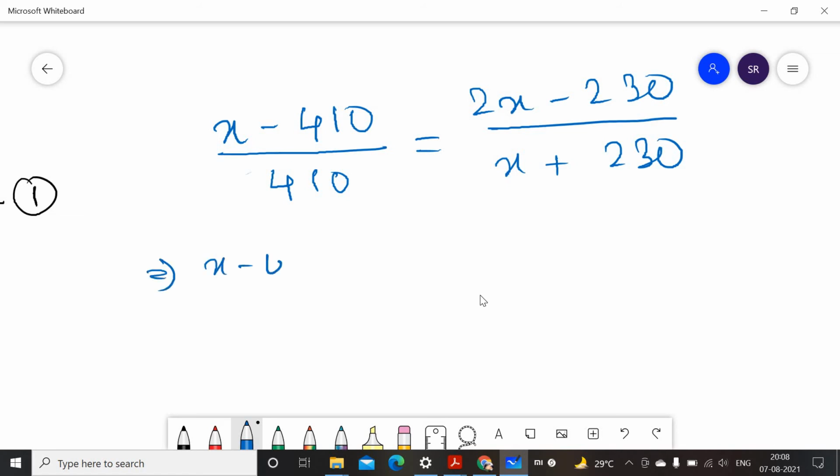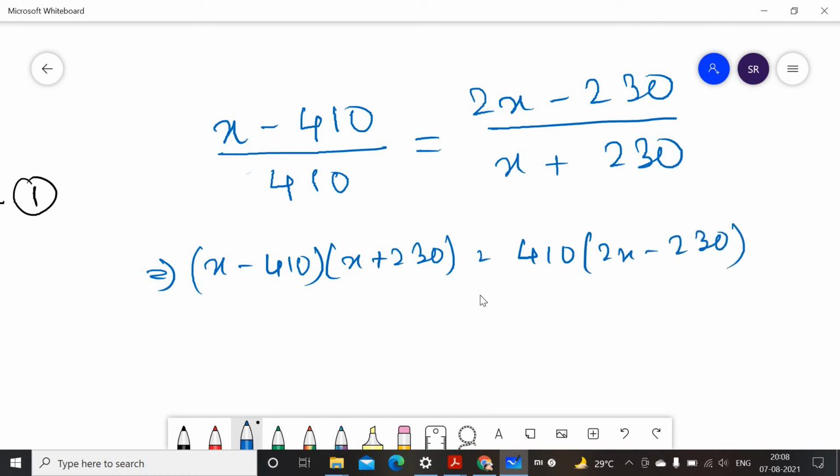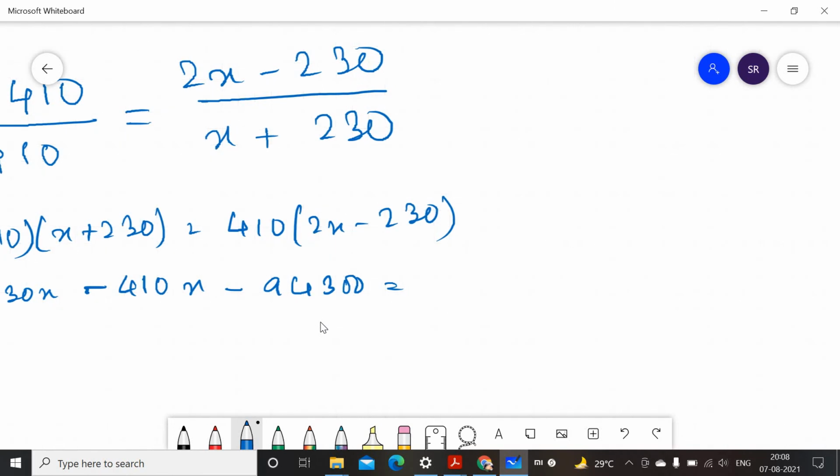that is x minus 410 into x plus 230, equals 410 into 2x minus 230, that is x square plus 230x minus 410x minus 94,300, that is equal to 410 into 2, that is 820x minus 94,300.